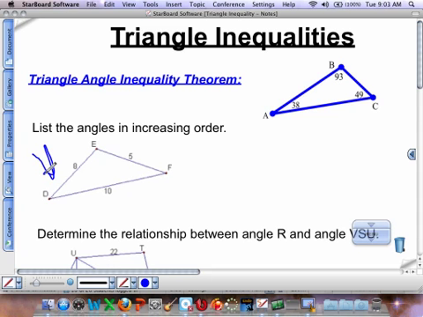If I had a third side connected to these two points on the end, as that angle gets larger, what happens to that side? It gets longer. As I make the angle smaller, my opposite side becomes shorter. So if I'm looking at a triangle, where would I find the longest side?